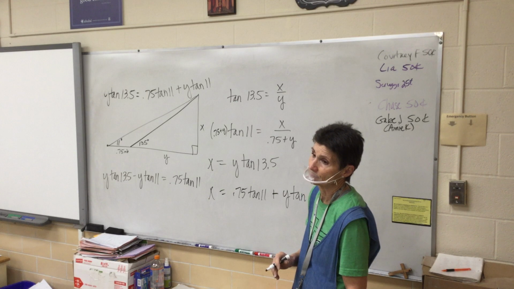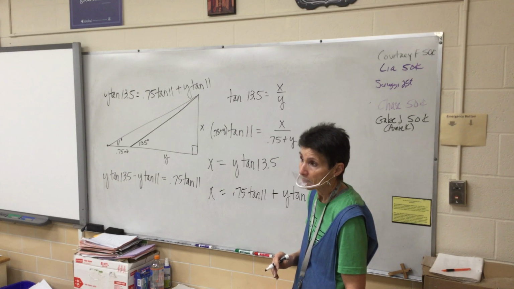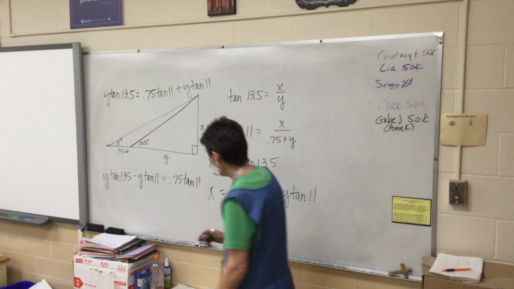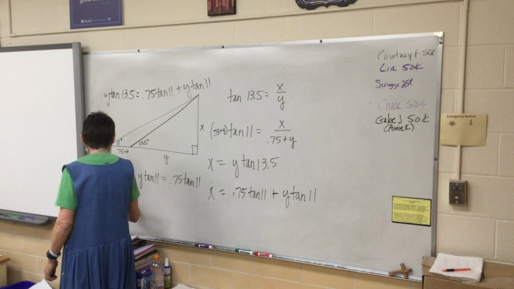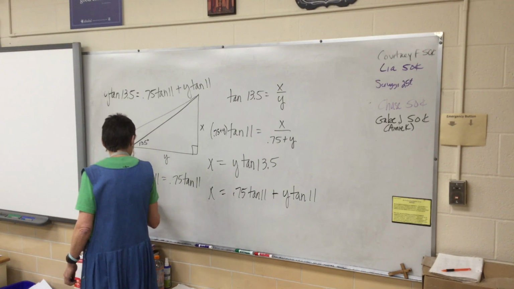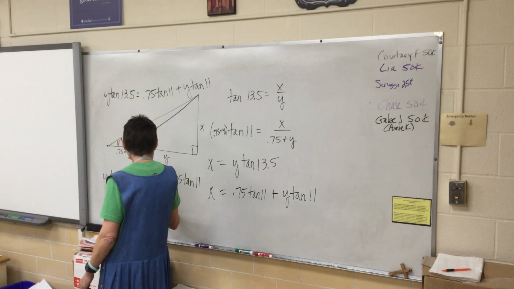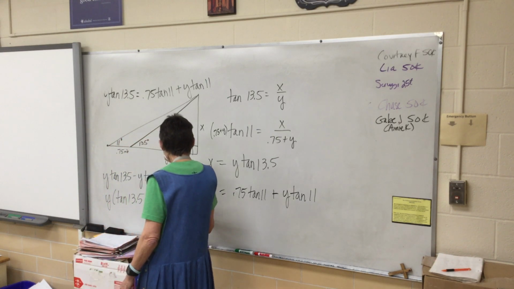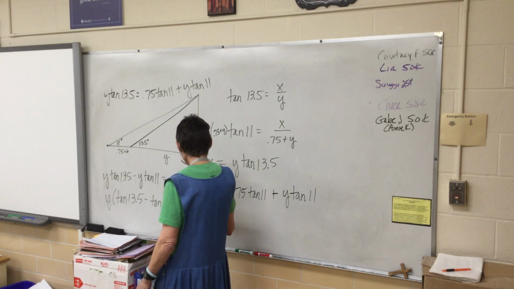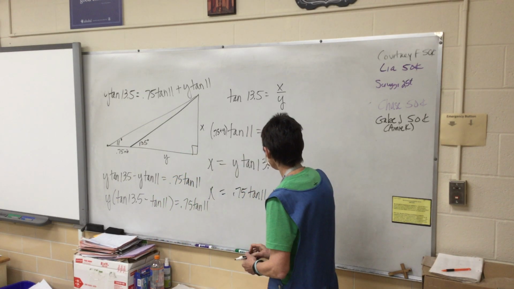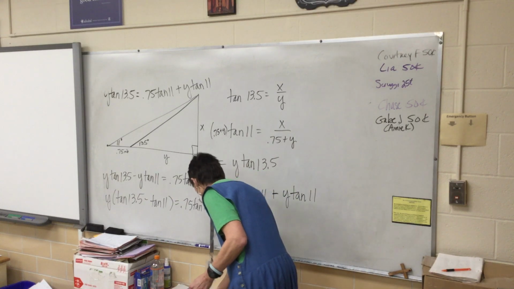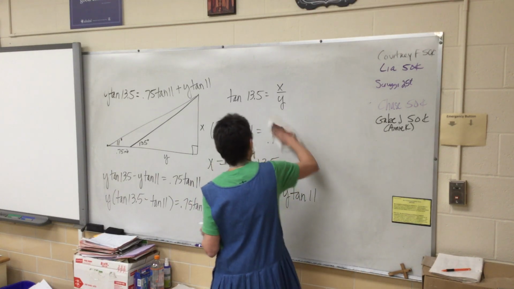Now what? Factor out the y. So instead of having 2 now, you're only going to have 1. So take the y out. And then it's going to be easy. If you want to get y by itself, all you have to do is divide by the parentheses.